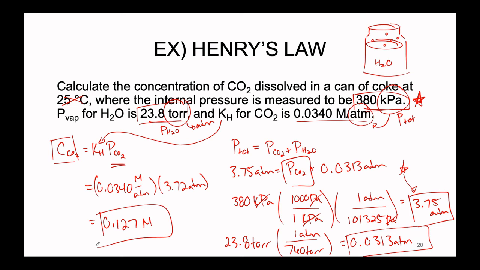Right, so now that we're at 0.127 molar, we could go any direction with this number if we wanted to, assuming we know the volume of the can, which is pretty standard. We could figure out how many moles are inside of the can. We could figure out the mass. We could figure out how many atoms or molecules of carbon dioxide there are. So this information is pretty useful if we want to get a standard for how much stuff is actually inside the can.